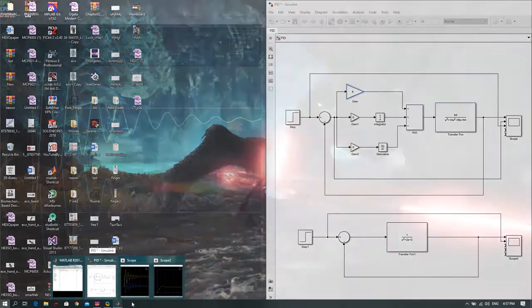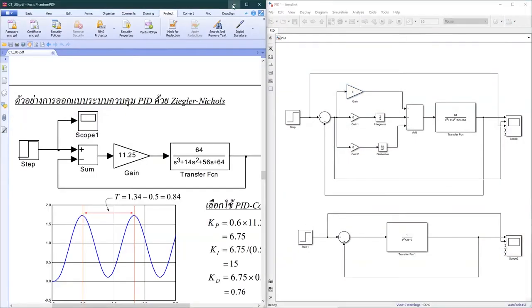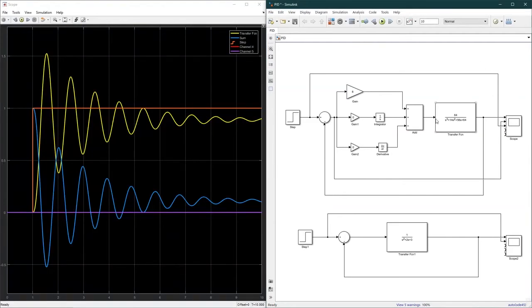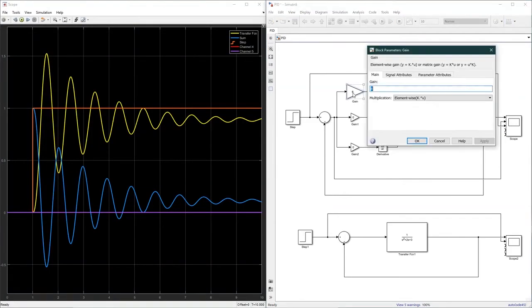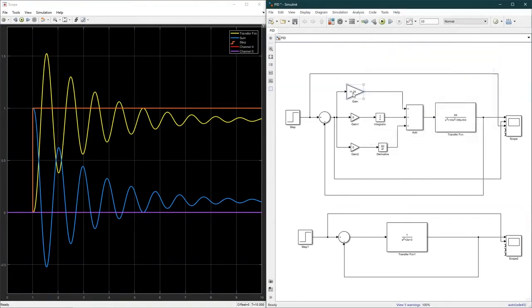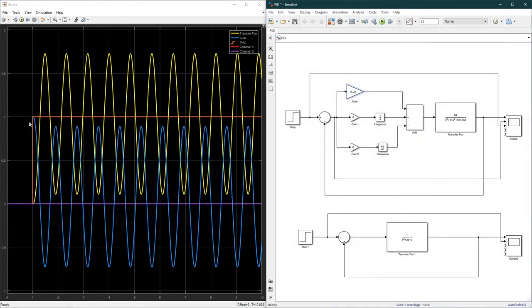Let's see how it's going to be. See? Oscillation is a building action, while amplitude and period are constant. Okay, this is the oscillation.